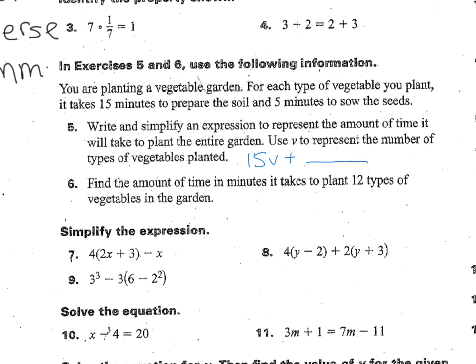So now 12 is going to be V. So what you're going to do is whatever you get when you simplify this expression, it's going to be something times V. Alright, kind of write that in here. You then need to plug in this 12 for V, multiply it with that. That'll tell you how many minutes it's going to take to plant 12 types of vegetables.